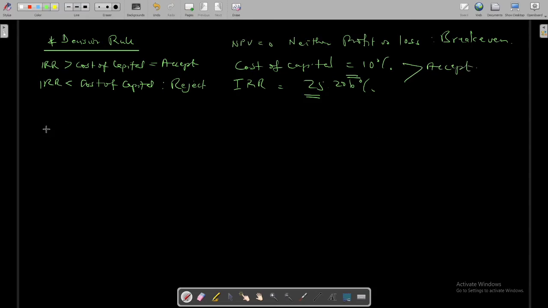But let's look at the intuition. The cost of capital is the return that investors require on their investment.